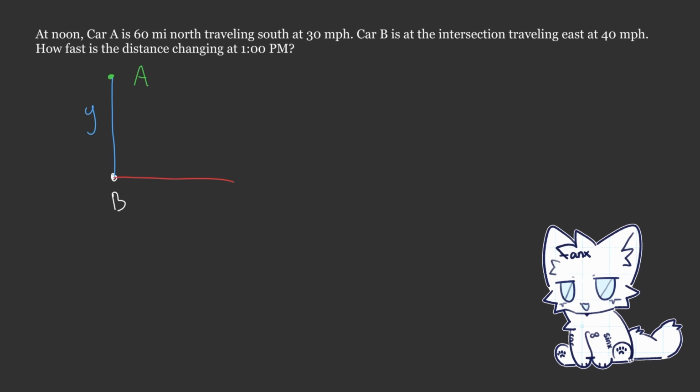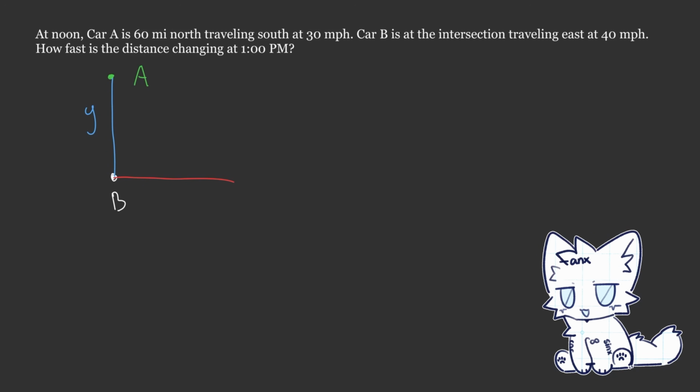How fast is the distance changing at 1 p.m.? So, this is our snapshot at 12 noon, 12 p.m. But after 1 hour, they are at different spots, right?